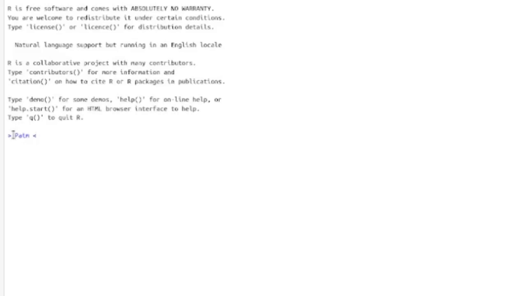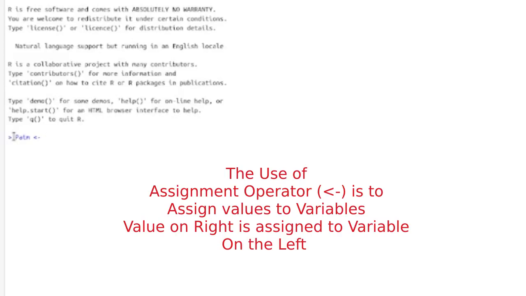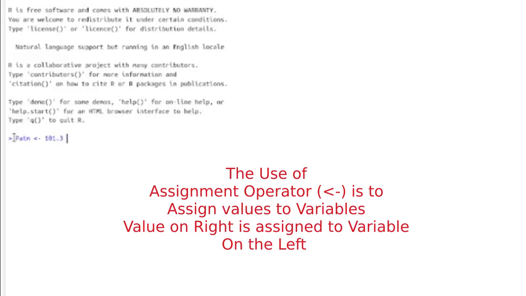And I'm going to use the assignment operator, which is obtained by putting a less than sign and a dash. On the right hand side of that assignment operator, I want to put 101.3. This is kilopascals, so I want to multiply it times 1000 to make it into pascals.